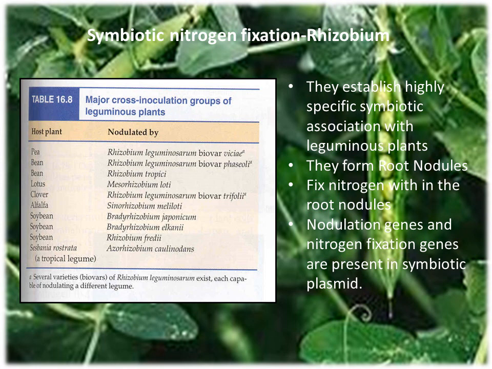In this slide I have also given a few examples of groups of Rhizobium. For example, in peas the Rhizobium species is Rhizobium leguminosarum biovar viciae. A biovar is nothing but a variety of leguminosarum. Likewise for bean, we have Rhizobium leguminosarum biovar phaseoli.